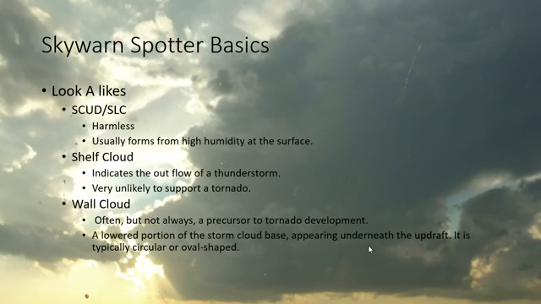If you see rotation, call it in that you have a rotating wall cloud at your location, and it's been rotating for such amount of time. Follow the report basics that I had talked about earlier.